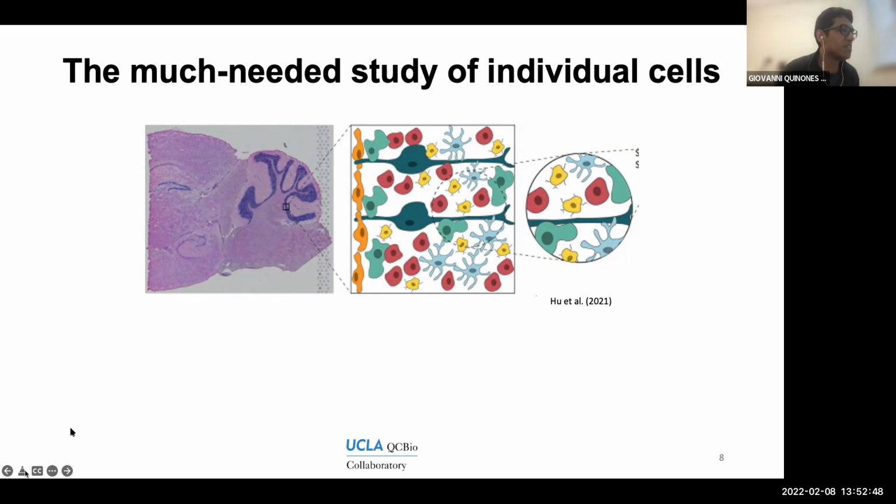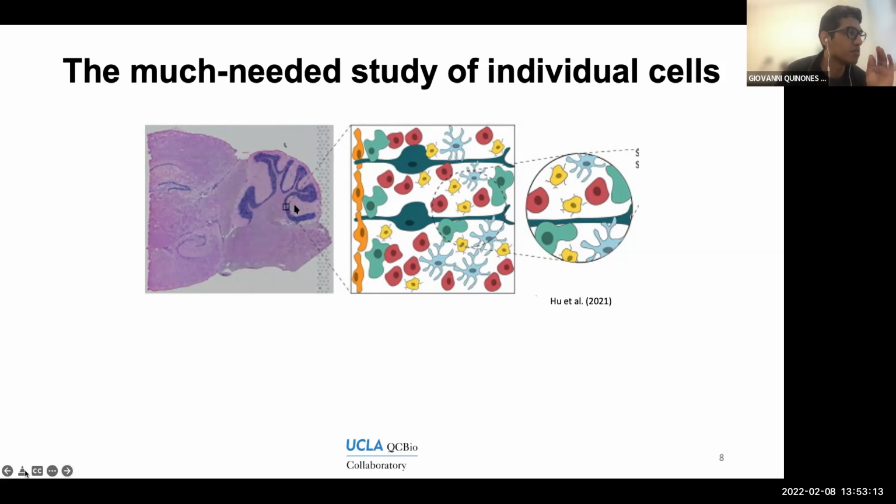In order to illustrate this, I put up this image from this paper, which presents the composition, the histology of a tissue. You can see that you start labeling different parts, different sections of this tissue.